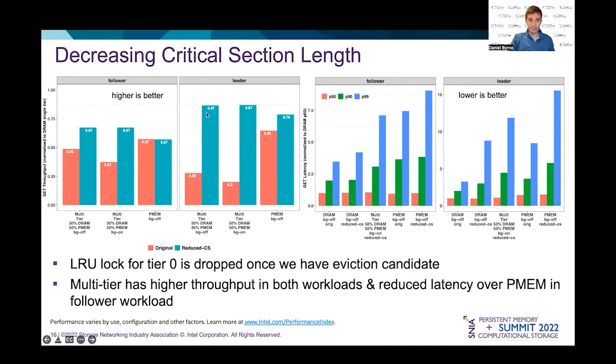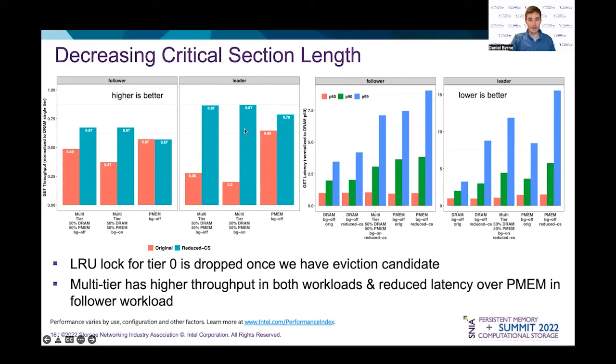And then even more so in the leader workload, because the leader workload was doing a lot more allocations. And so it was doing those longer, more costly allocations more often compared to the follower. And so that's why we see even a larger jump.